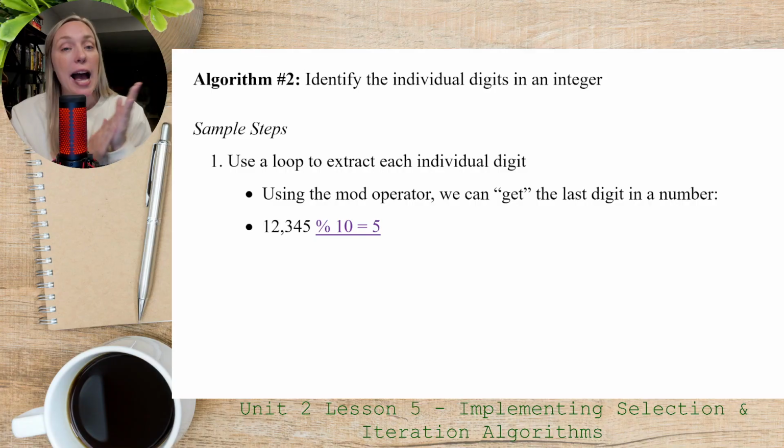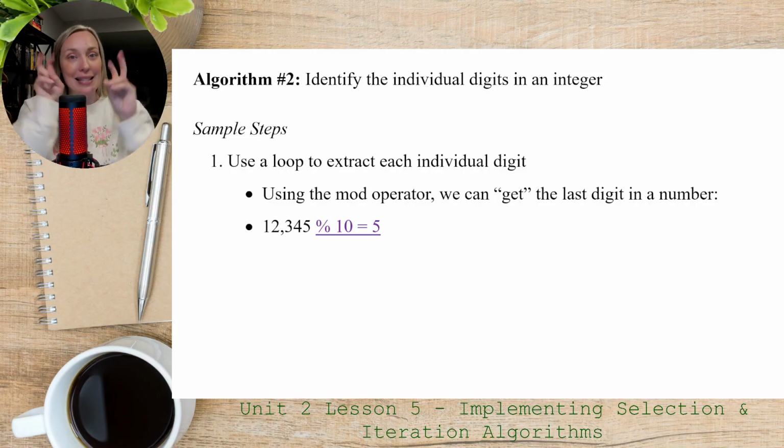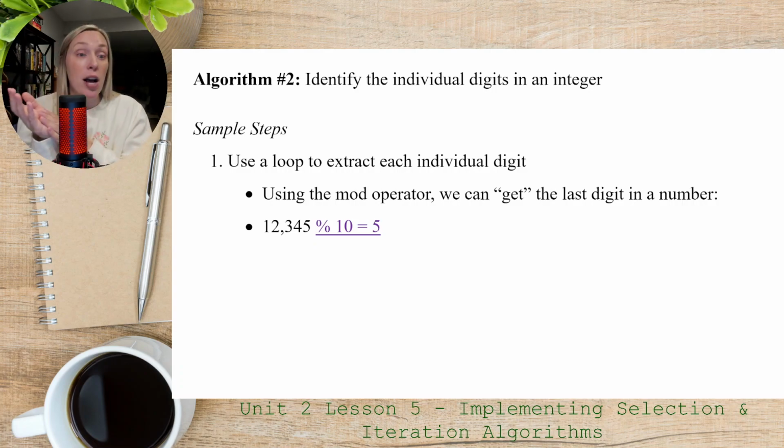So if I have, for example, a number 12,345, if I modded that by 10, the remainder is 5, right? And 5 is that last digit in that one spot. If I modded by 100, that would give me 45 if I wanted to get the last 2 digits. So these number tricks, or techniques, to extract from an integer are what we use that mod operator for.